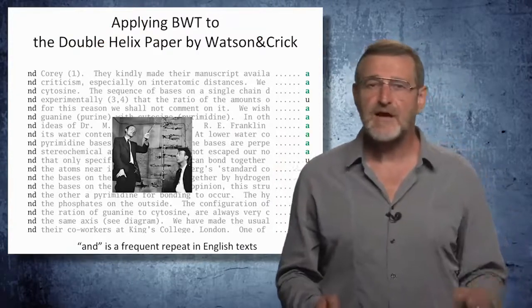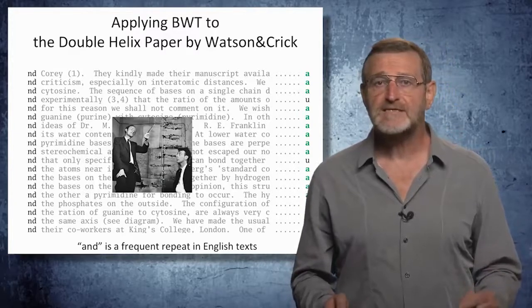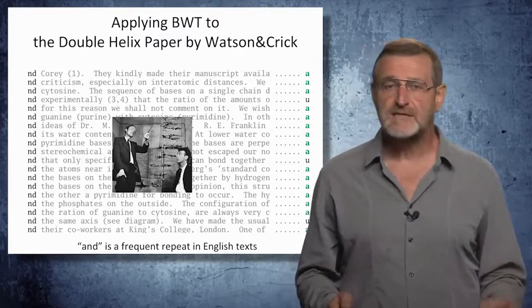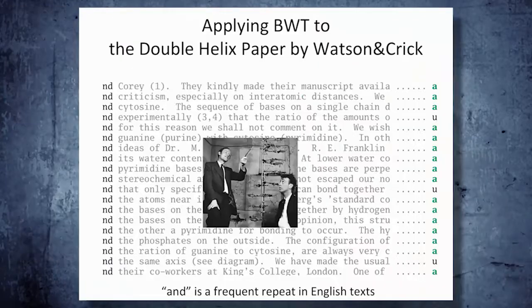Let me explain it by using an example from the famous double helix paper by Watson and Crick, where they first presented the structure of DNA. These are just some consecutive strings in the Burrows-Wheeler transform of this paper, and you see that there are many runs of A in the Burrows-Wheeler transform of this text.